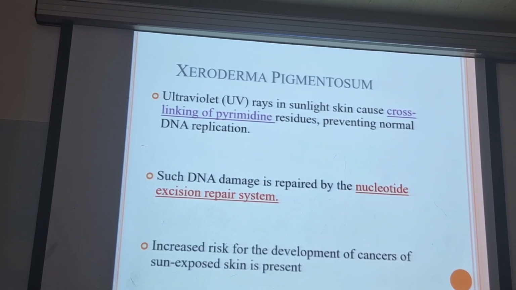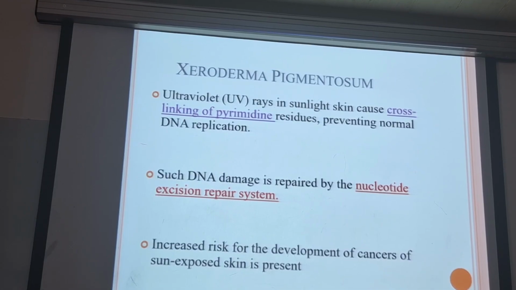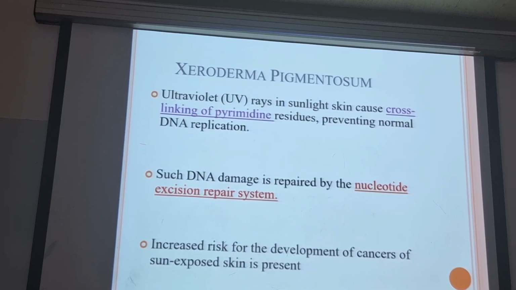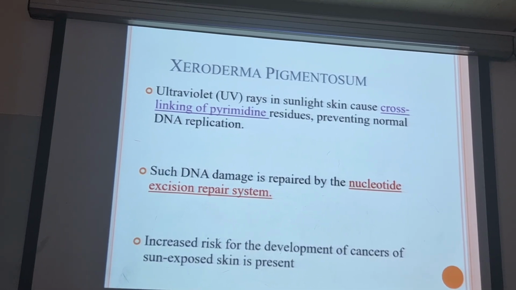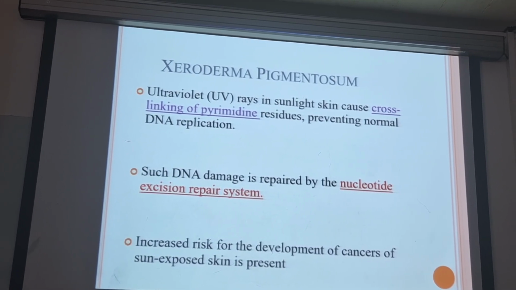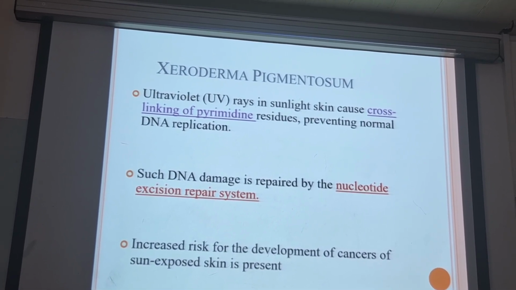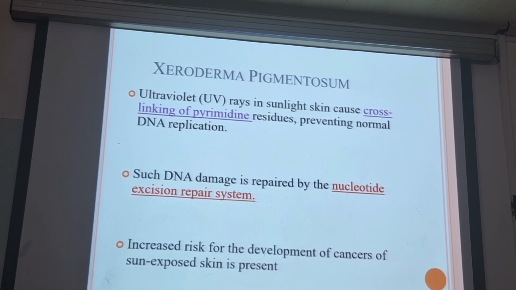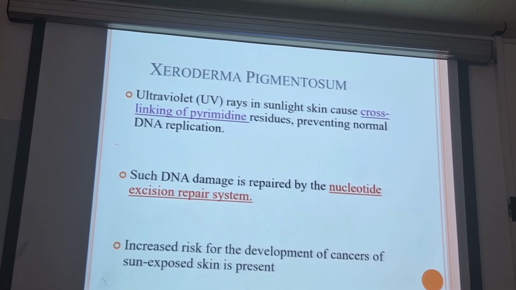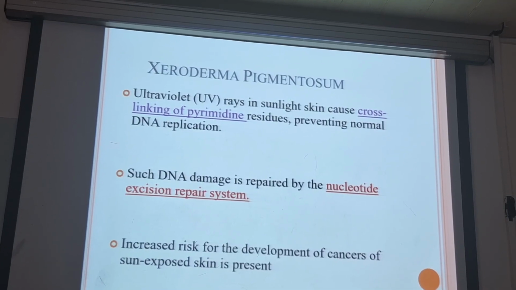And another disease is one where some patients get carcinoma of the skin at a very young age. You know that some tumors are normally seen in older patients. For example, squamous cell carcinoma of the skin is mainly seen in older patients, more than 60 years.